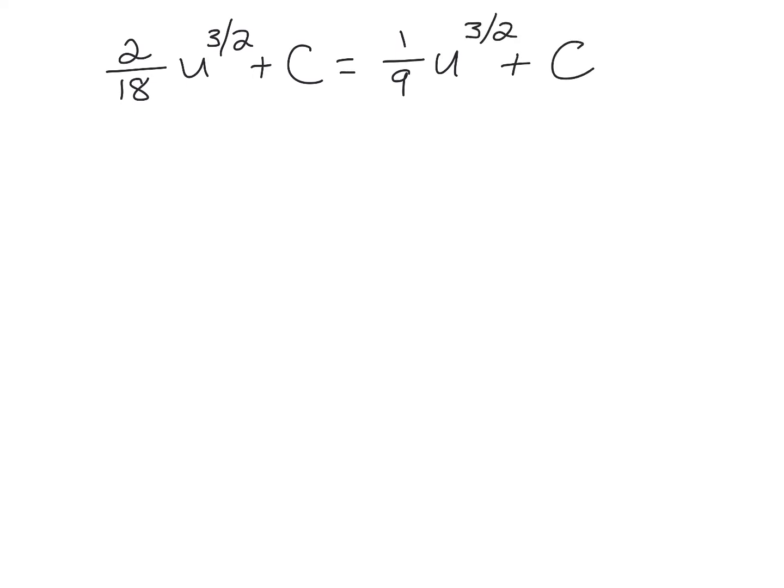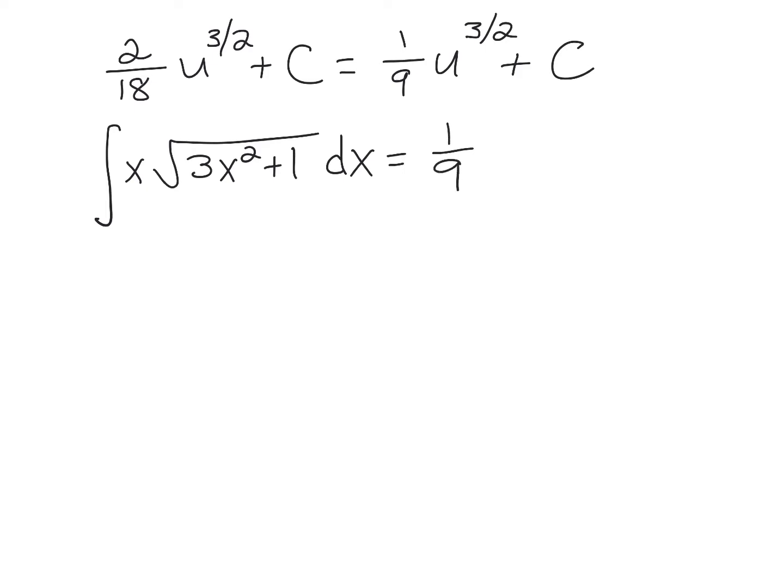And now we just want to return the answer in variable x. So the original integral of x times square root of 3x squared plus 1 dx is now equal to 1/9. Remember, u was 3x squared plus 1, so 3x squared plus 1 to the 3/2 power plus c. And that's the answer to part A.